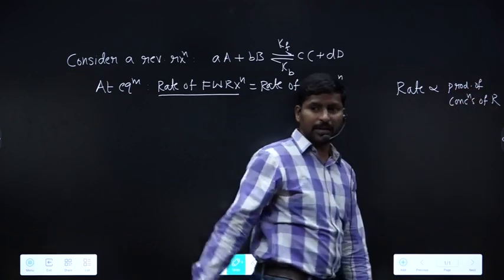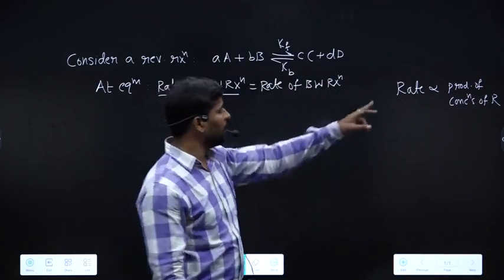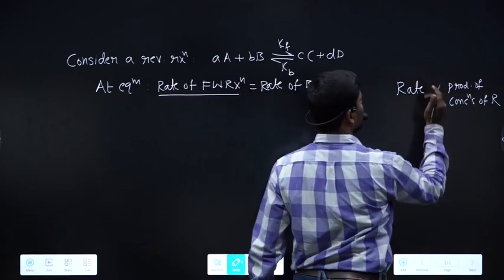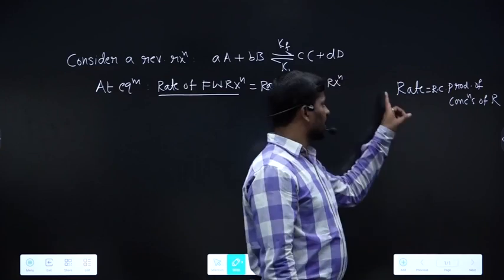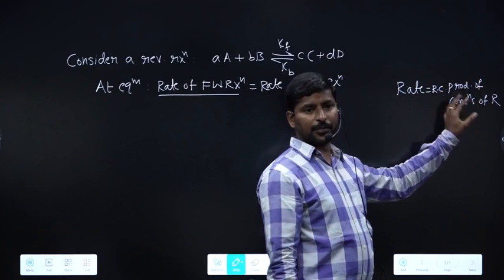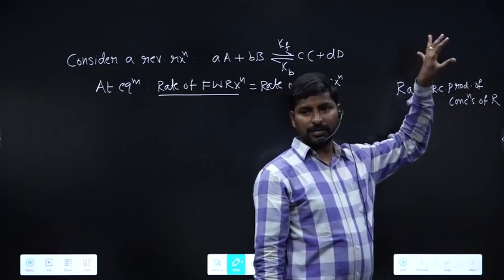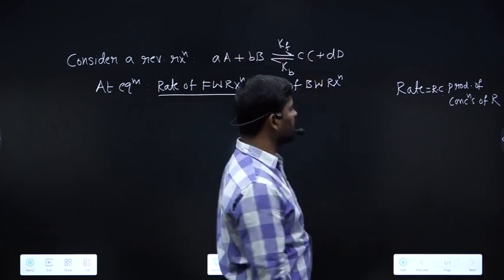The powers are nothing but the stoichiometric coefficients present in the balanced equation. If you remove the proportionality, we get a constant called the rate constant. So the rate of a reaction is equal to the rate constant into the product of concentrations of reactants raised to the powers, which are the stoichiometric coefficients in the balanced equation.